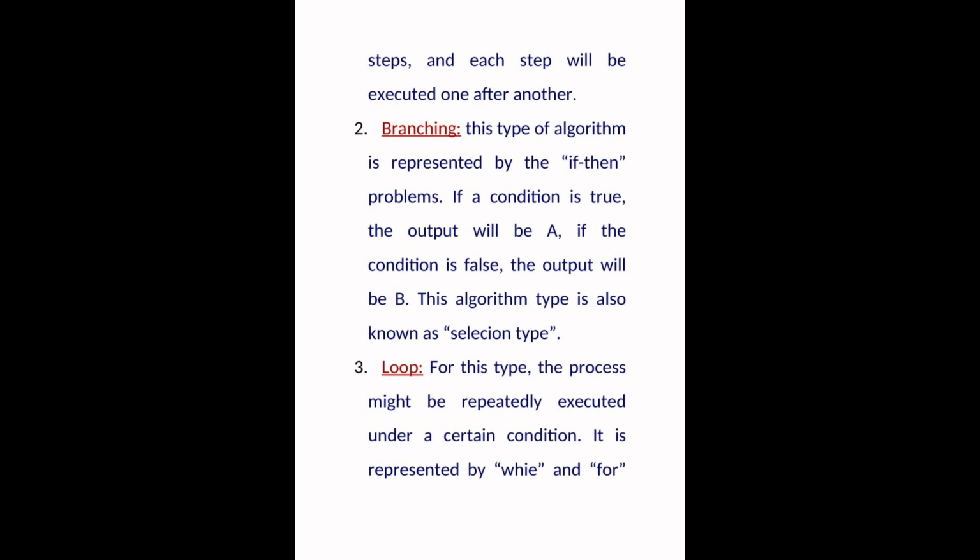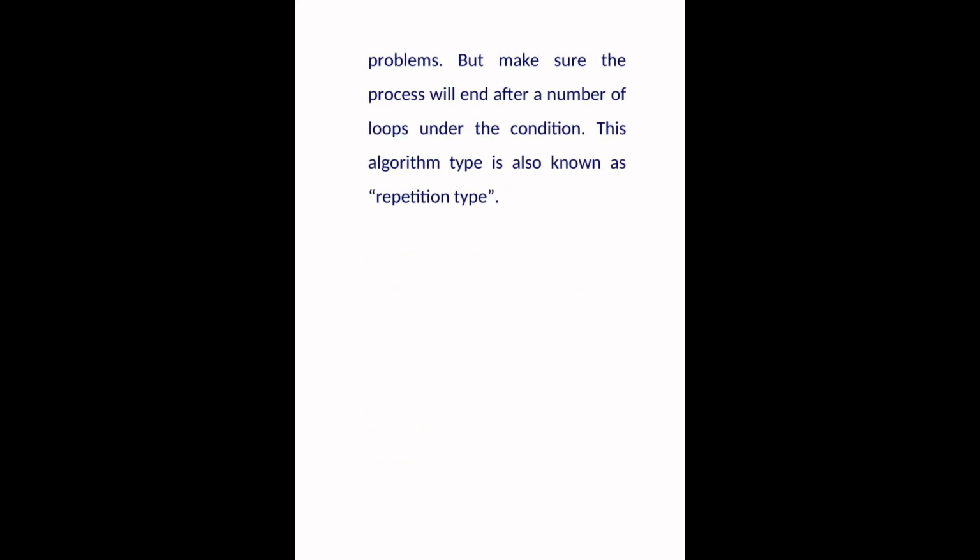This condition is passed through while and for conditions. We can call it a while and for loop. But make sure the process will end after a number of loops under the condition. This algorithm type is also known as repetition type.